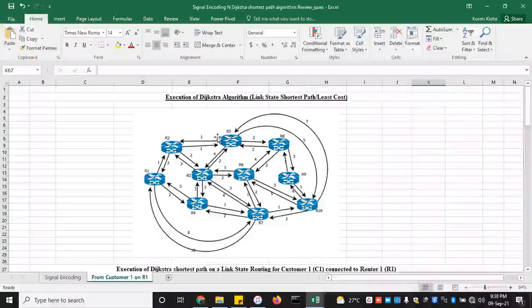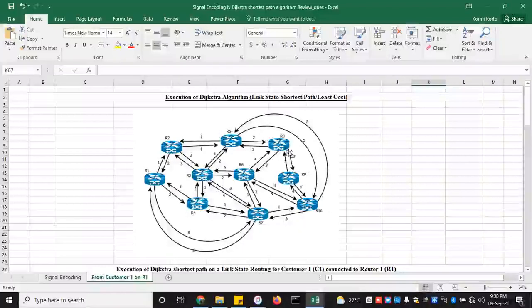Okay, so on routing, here is one possible question that you're bound to come across, and this one relates to the Dijkstra algorithm, which is your link state shortest path or least cost execution.